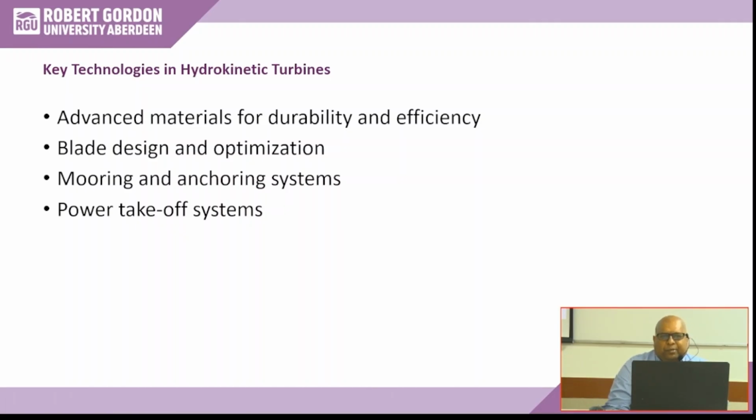When I talk about efficiency, think about why we are talking about material. Theoretically we know we can create a turbine and put it in water, but water has a lot of debris coming in. That debris can hit the blade. In that case, how long will the blade last?